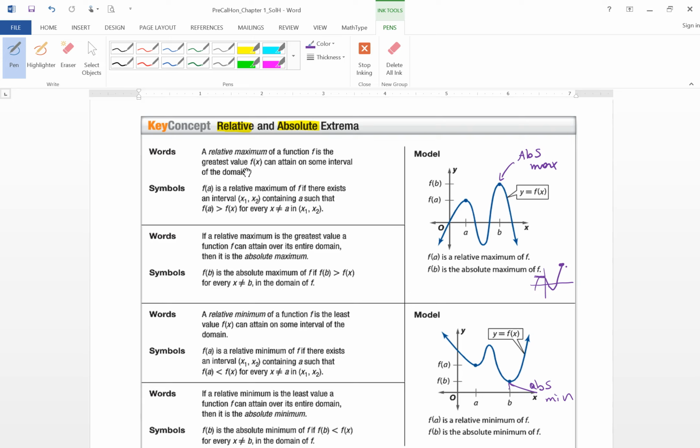All right. So you have the absolute max and the absolute min, and everything else is either a relative max or a relative min. Okay? So if a relative min or a relative max is the greatest value over its entire domain, then it becomes an absolute maximum.